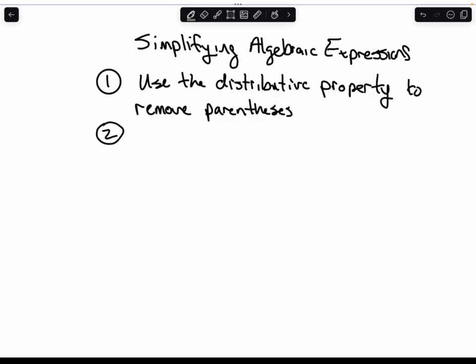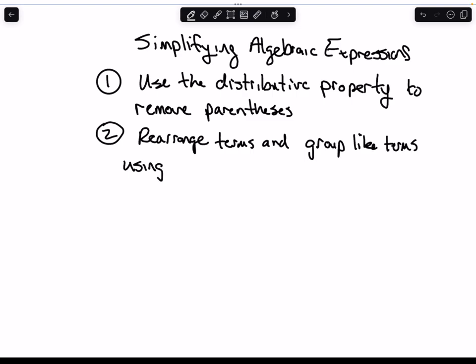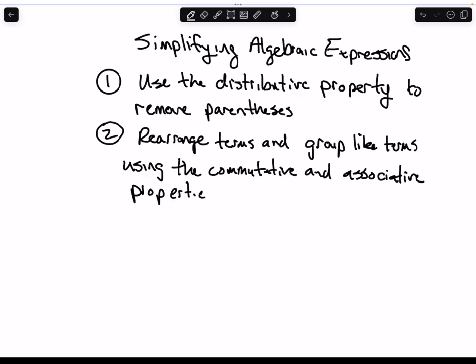Then we want to rearrange terms and group like terms using the commutative and associative properties. And that's the associative properties of addition and multiplication.